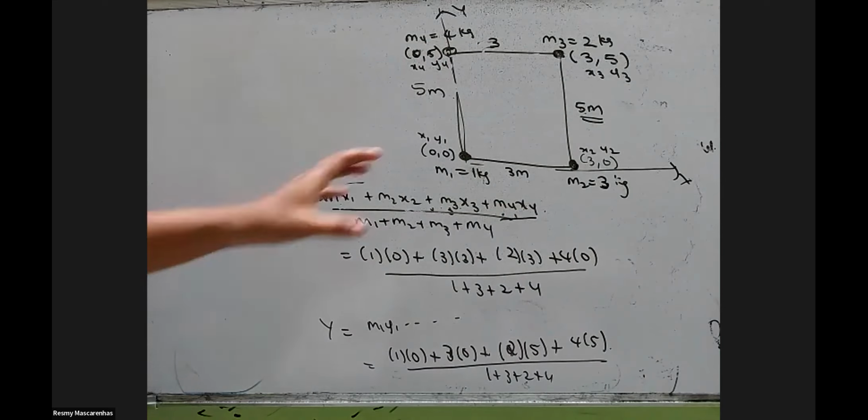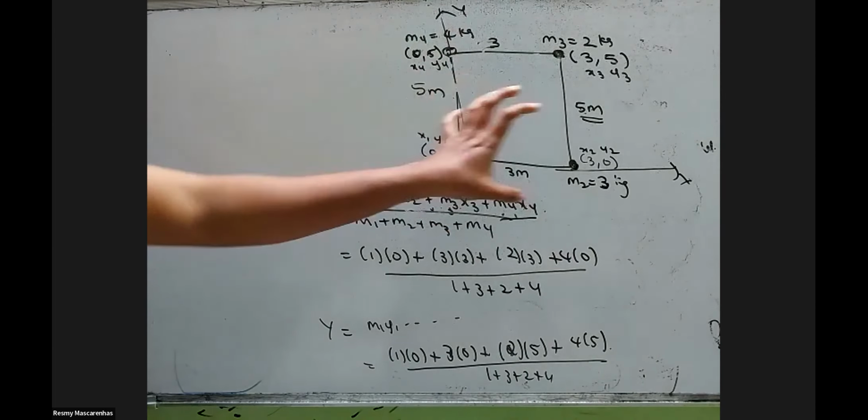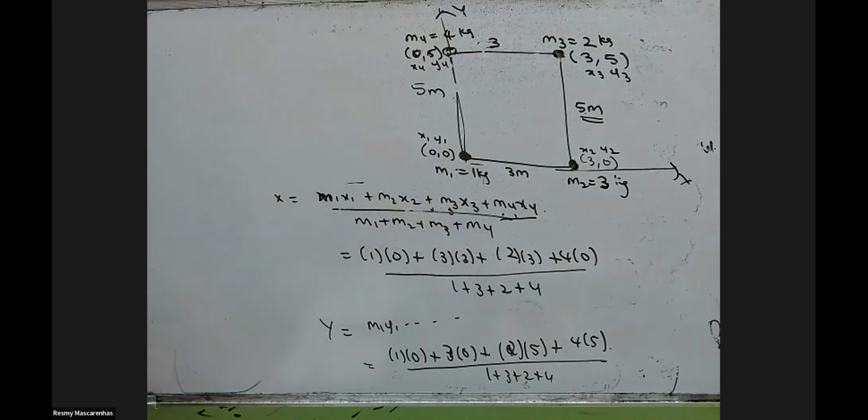So understand what m1, x1 are from the diagram, and then it's just pure substitution. Anyone having doubt, you can ask. I think this should turn out to be 9 plus 5.